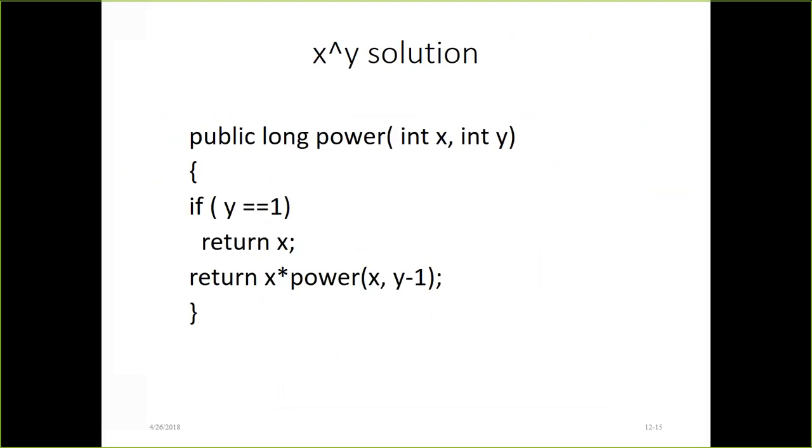If y equals 1, then return x. Otherwise, else return.